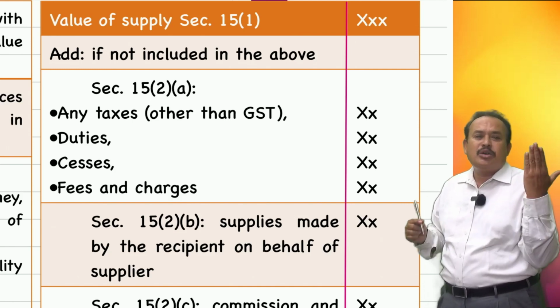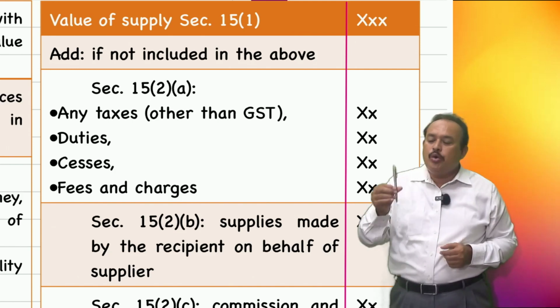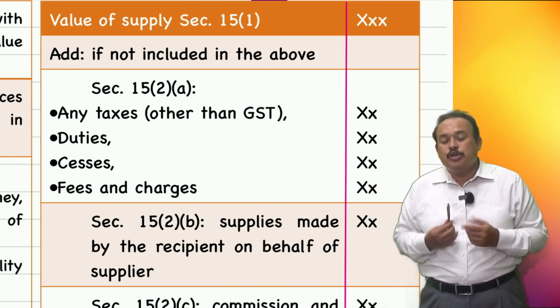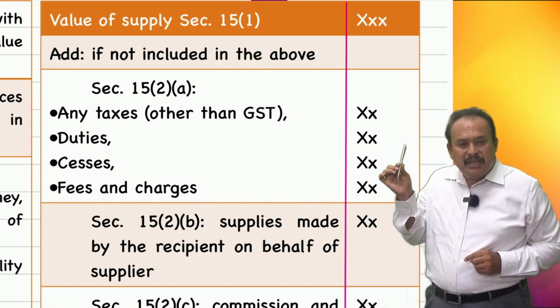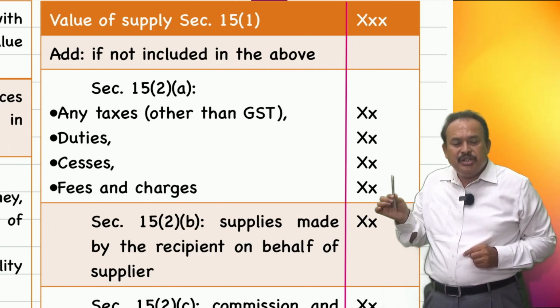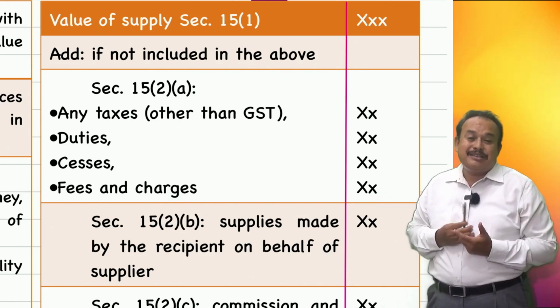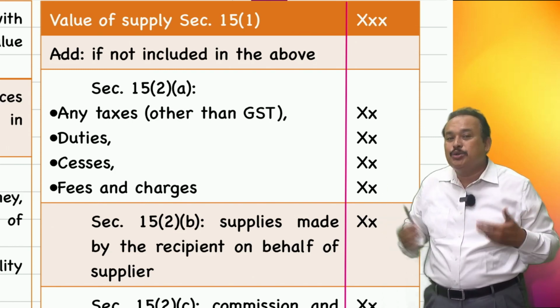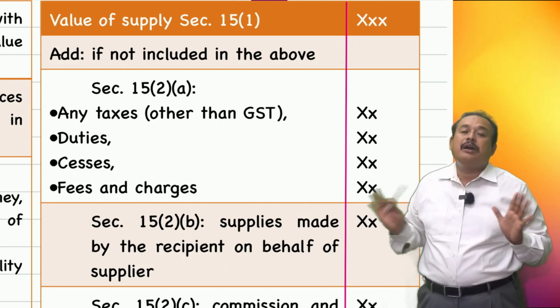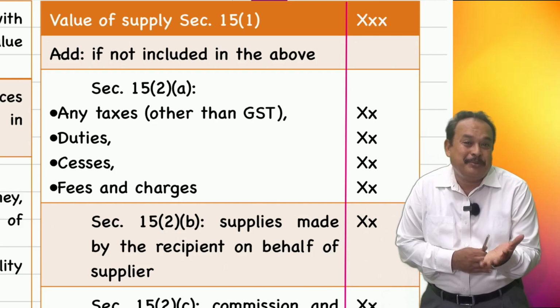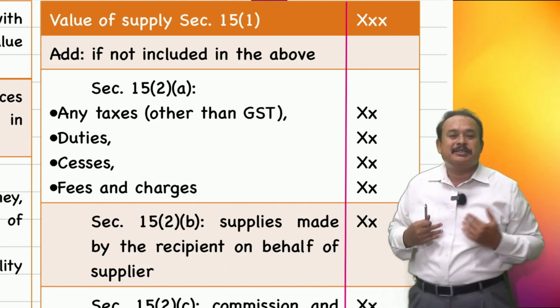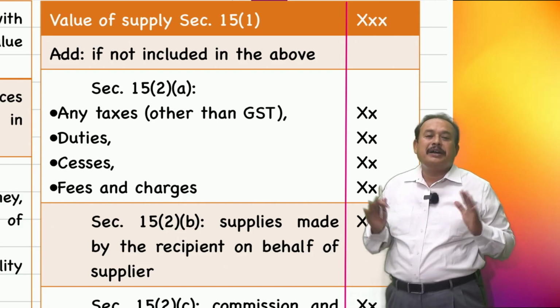The total value is 10 lakhs. So you gave me the order to manufacture 1 lakh pens at the rate of 10 rupees each to supply. The entire contract value is 10 lakh rupees. And I ask you, sir, please give me 50% advance. You gave 50% advance. I got 5 lakh rupees advance.